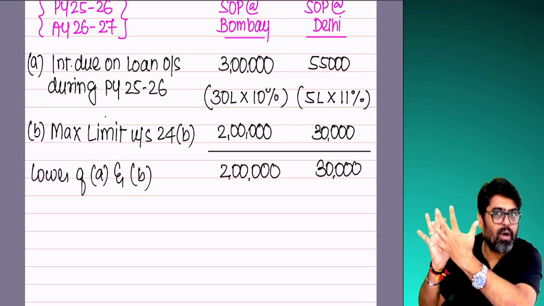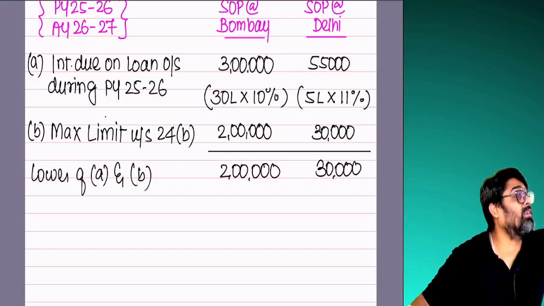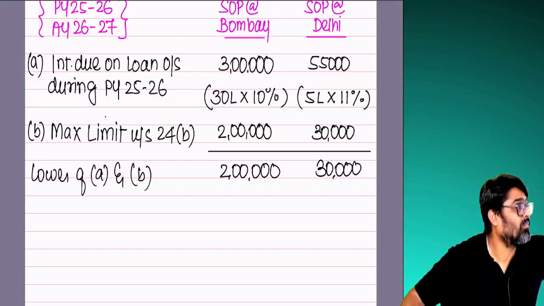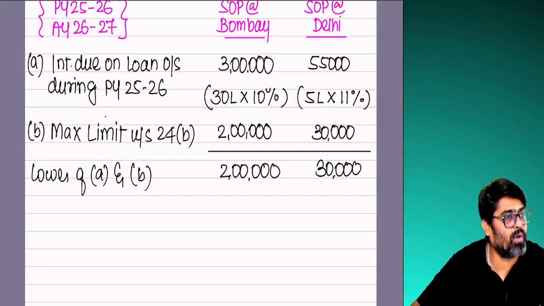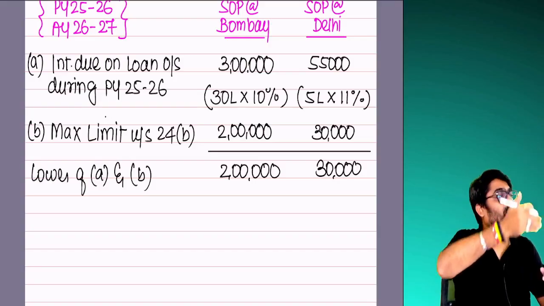So that limit of 2 lakhs is given assessee-wise. Whether the assessee is having one SOP or two, how much deduction can that assessee claim?